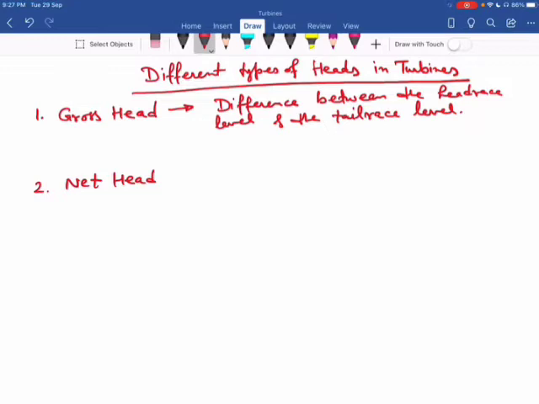Okay, so this difference of head race level and tail race level, this height we call as gross head. Now the another name for this head is the total head.